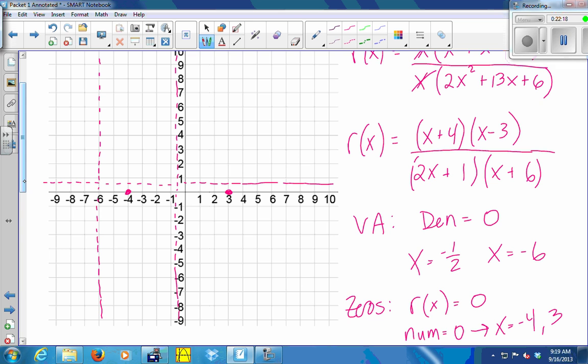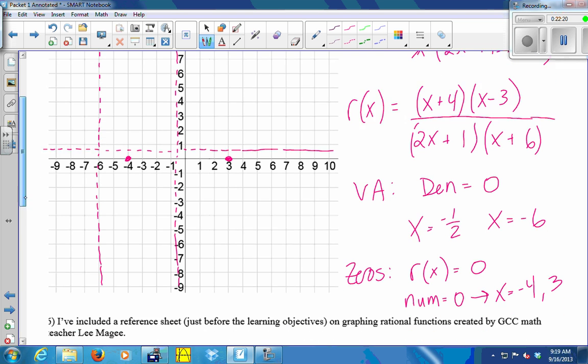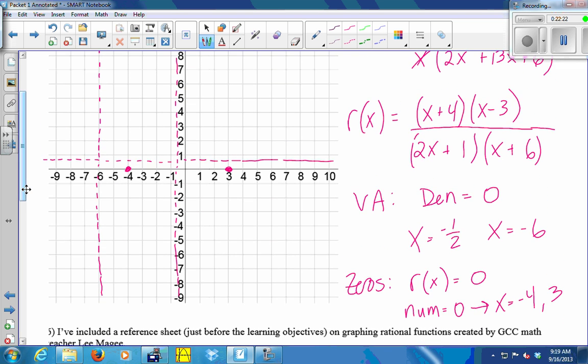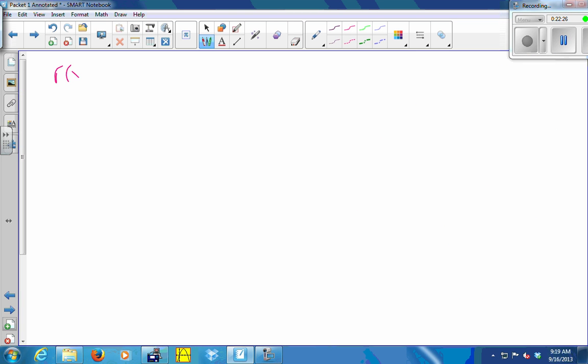All right, so next thing I have to do is make a sign chart. And I need another blank page here. So my sign chart is going to help me determine when this function is positive and when it's negative, because we can tell by looking at the factors.